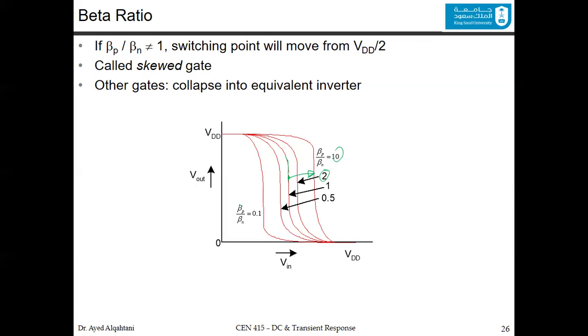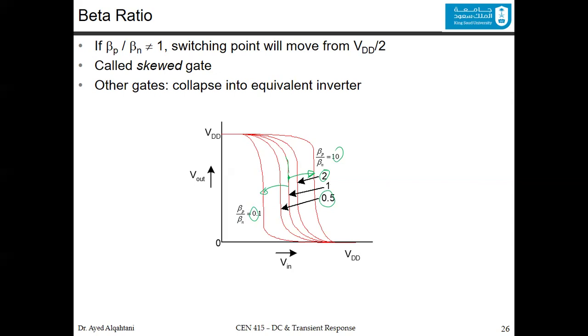If beta P divided by beta N is less than 1, for example here it's 0.5, and here it's 0.1, then you are pulling the curve in this direction. And there are some results that come from this pull, whether it is on the left or the right.